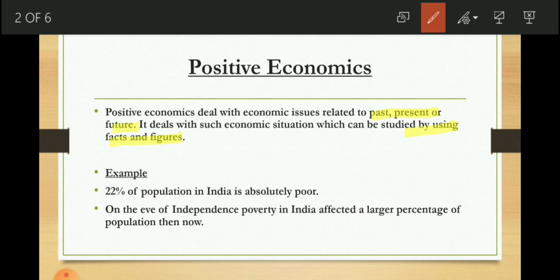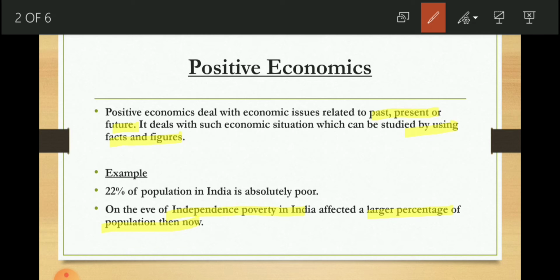Look at the second example we have. On the eve of independence, poverty in India affected a larger percentage of the population than now. What is being mentioned over here? When we got independence, poverty in India affected a larger percentage of the population than now. The effect of poverty was lesser in that period, but it is so much in this period, after independence.